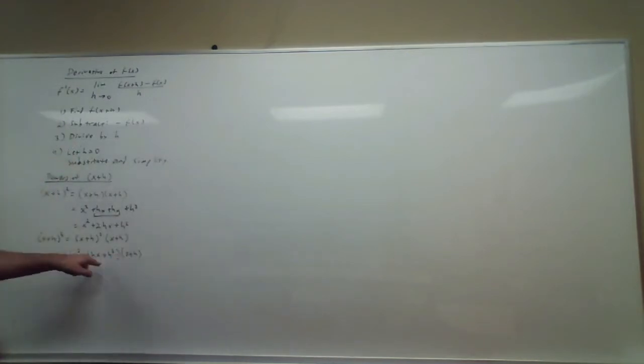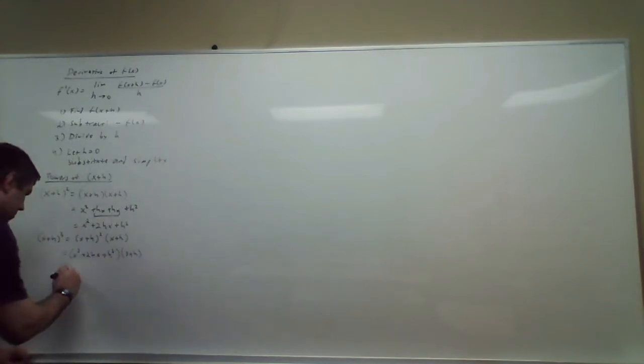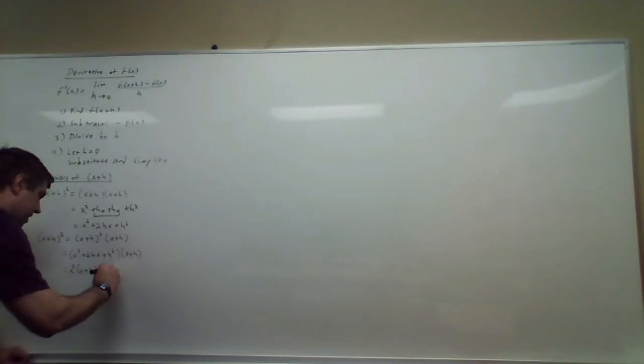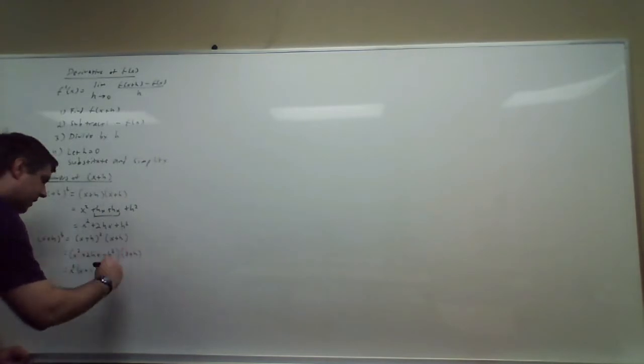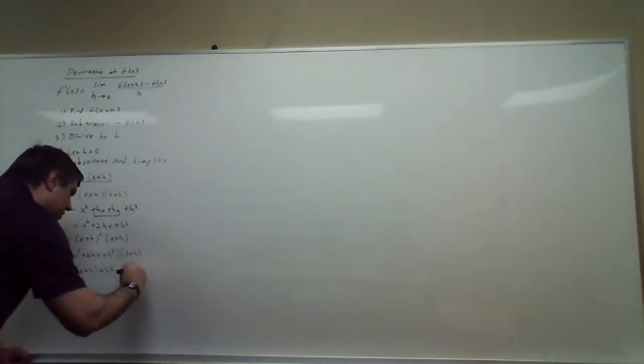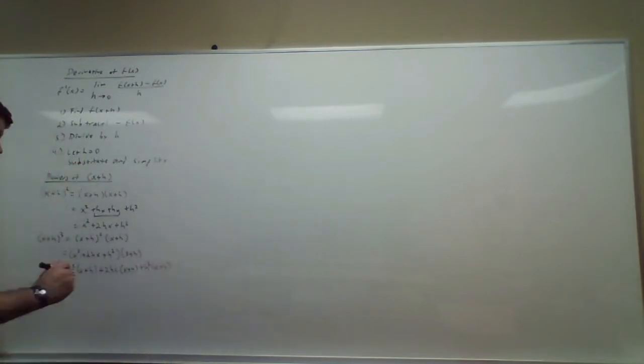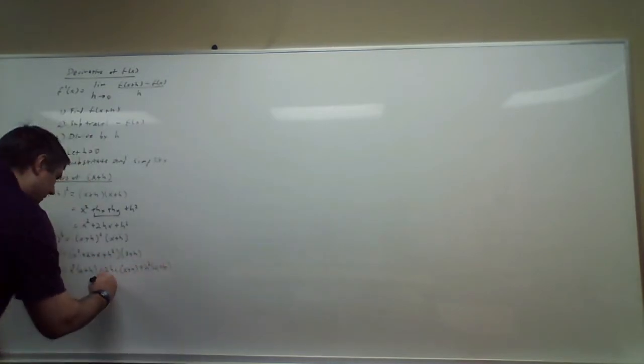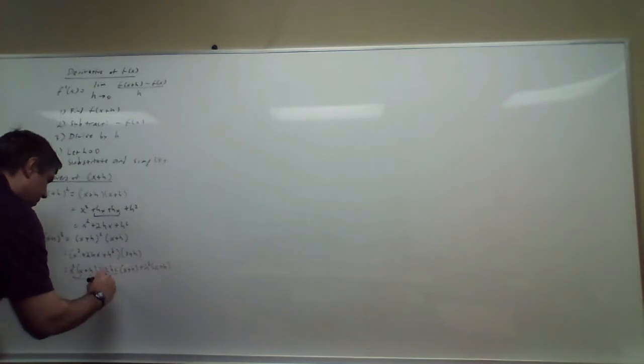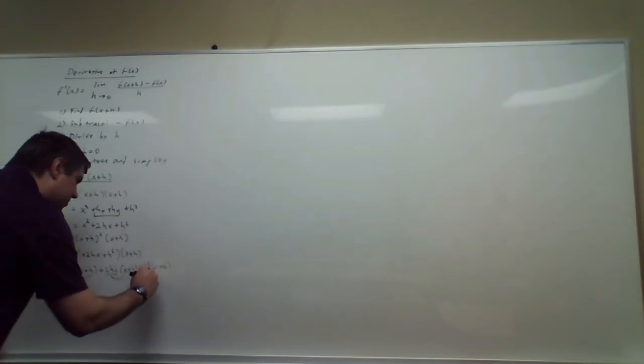I will take this times the first term, middle term, last term. So I'll get x squared times x plus h, plus 2hx times x plus h, plus h squared times x plus h. Okay? So distribute, distribute, distribute.